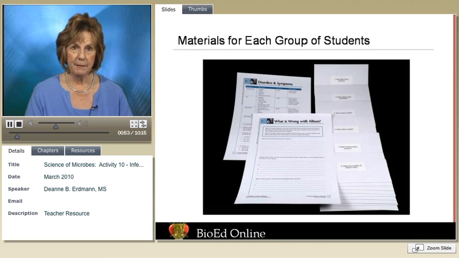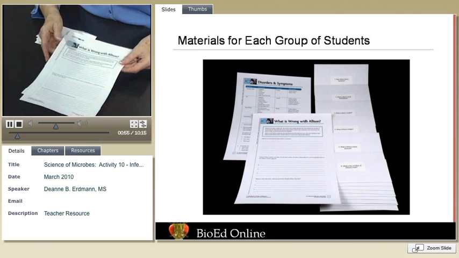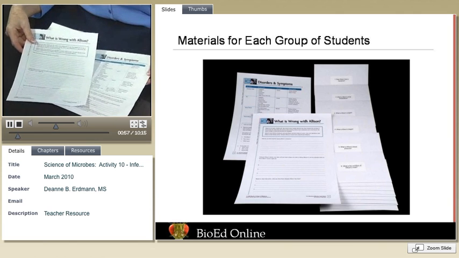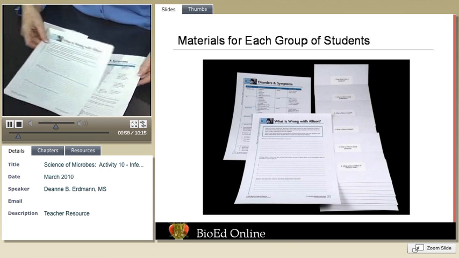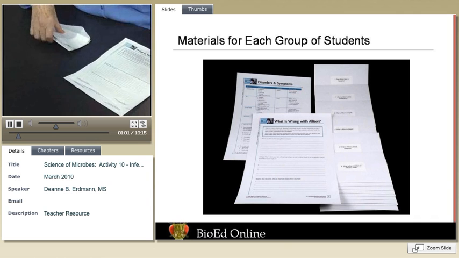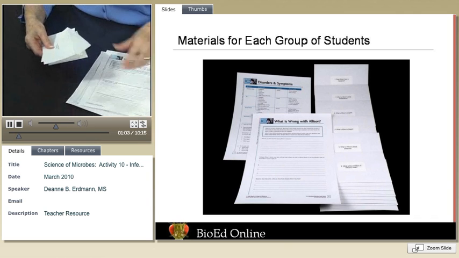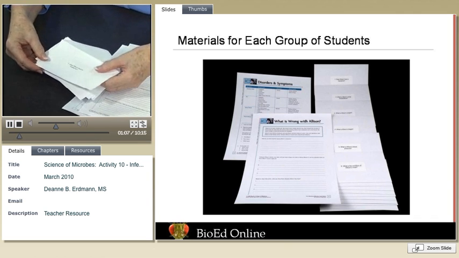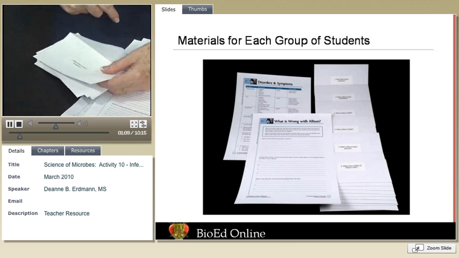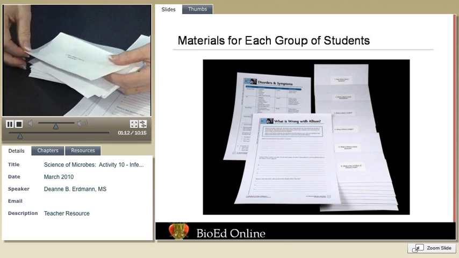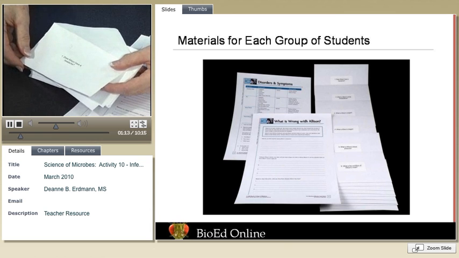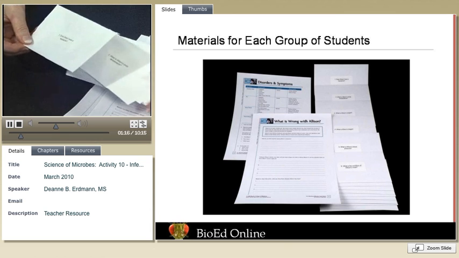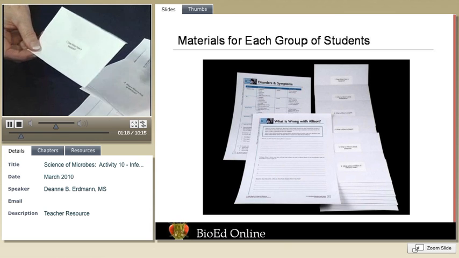Materials for this activity are pretty simple. You have 2 student sheets to prepare: What Is Wrong with Allison? and Diseases and Symptoms, Disorders and Symptoms. Then you've got a master that has a number of different clues and questions. We found it best to run those off on mailing labels, and then you can easily just stick them on an envelope.